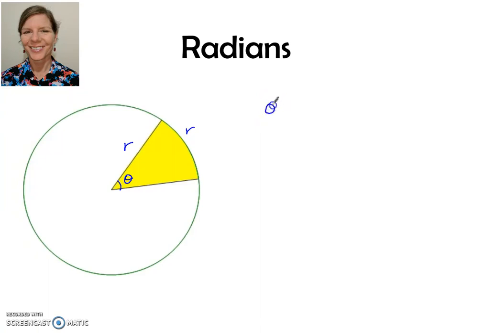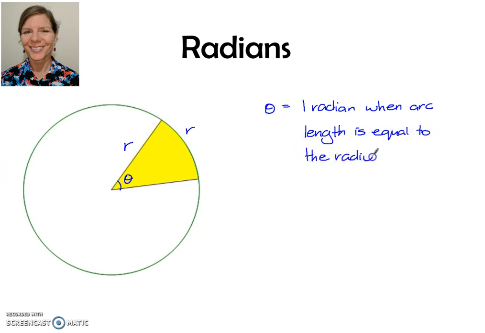So theta is 1 radian when the arc length is equal to the radius. Another way of saying that is, if the ratio of arc length to radius equals 1, theta, the angle, is 1 radian.